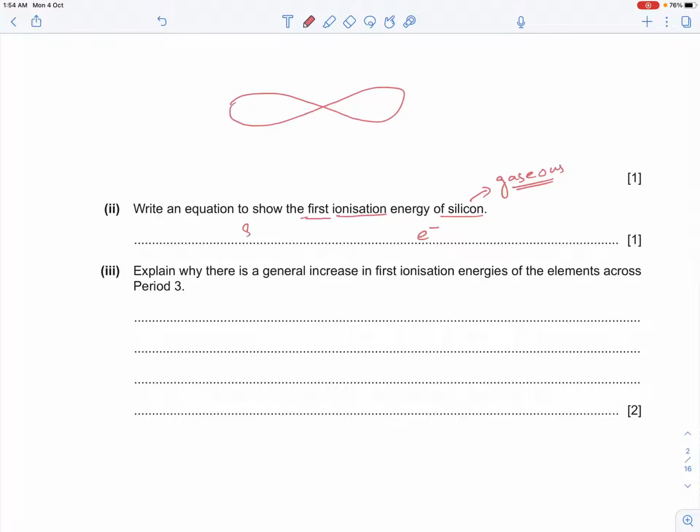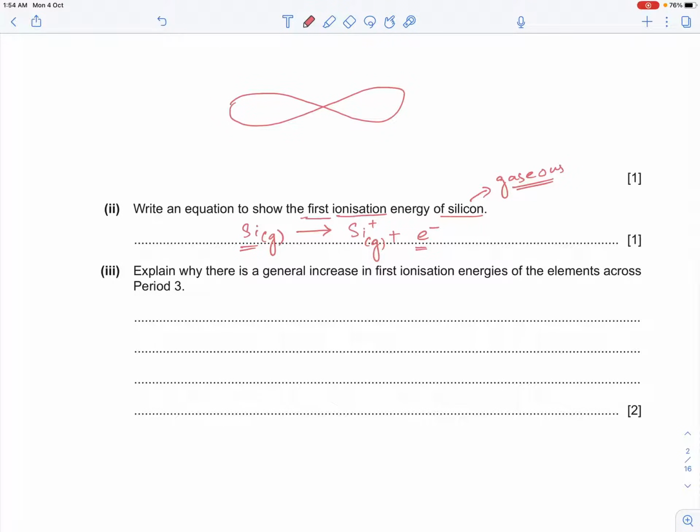So 1 mole of electrons is removed from 1 mole of gaseous atoms to form 1 mole of gaseous ions, because silicon, when it loses an electron, will convert into a positive ion, and this will also be in gaseous phase. So this is the first ionization energy of silicon, right?